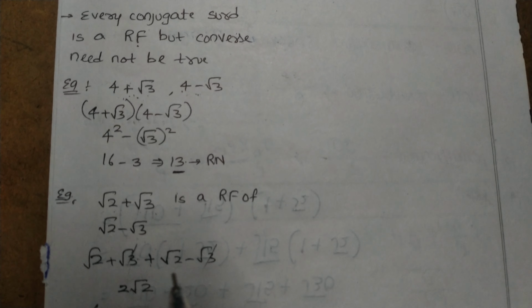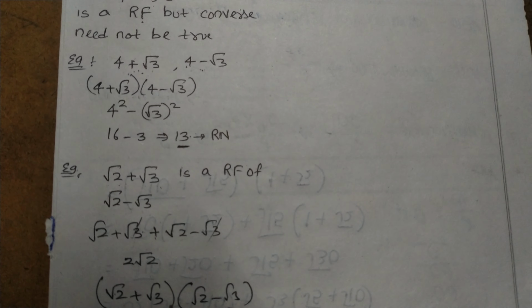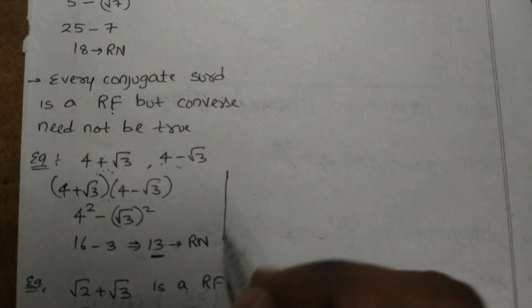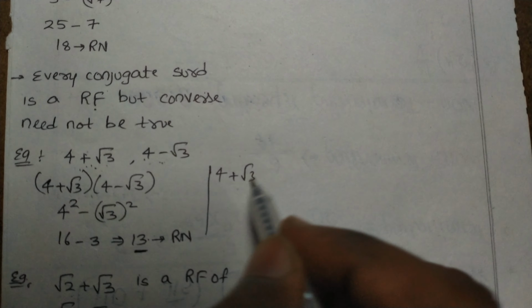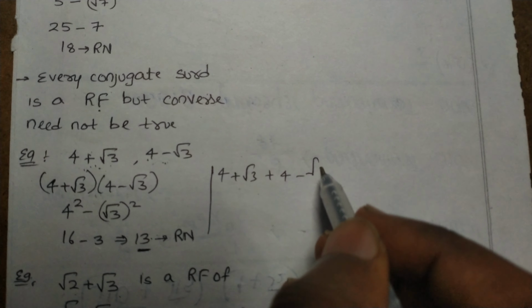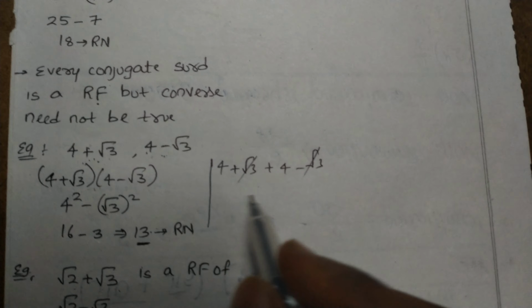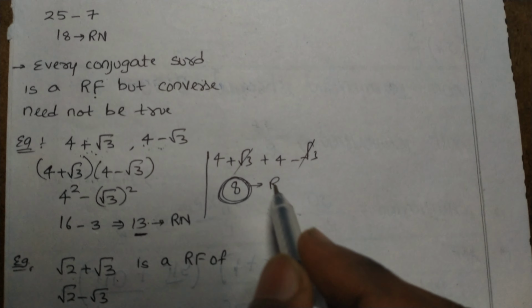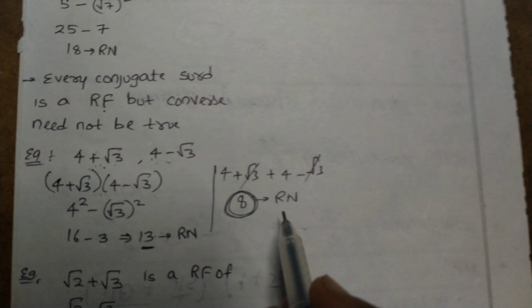How we got that? Suppose you can see here, if you do sum also, 4 plus root 3 plus 4 minus root 3, what happens? Root 3 will cancel, you are getting 4 plus 4 is 8, means a rational number. Are you able to understand?